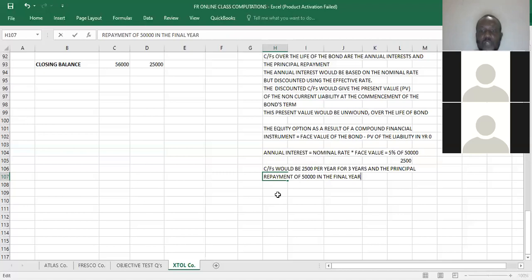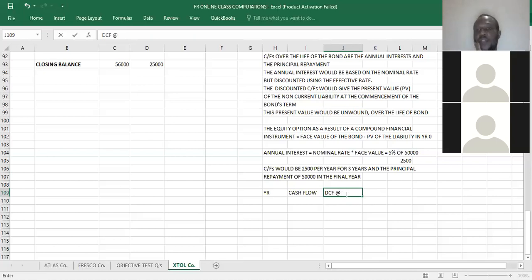So now the way to do this thing is just come and set it up. So you have your year. We have our cash flow. Then we have our discount factor at what rate?